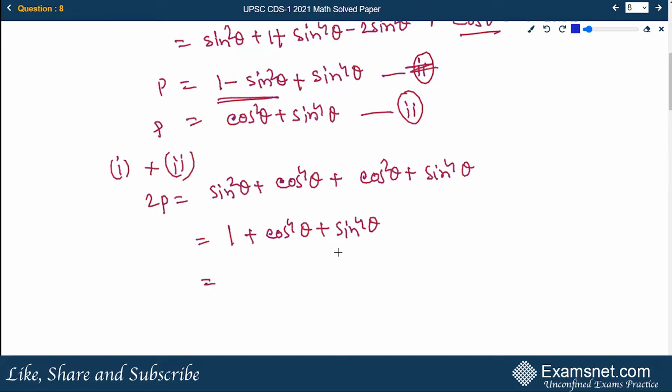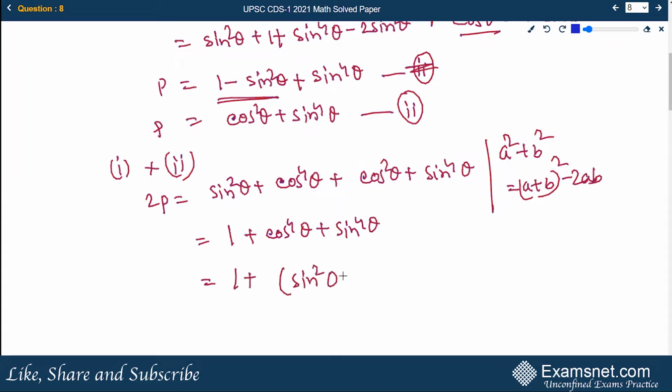Further, I can expand it as a square plus b square. What is the formula for a square plus b square? That is a plus b whole square minus 2ab. So here a is sine square theta and b is cos square theta. So we can write sine square theta plus cos square theta whole square minus 2 sine square theta cos square theta.